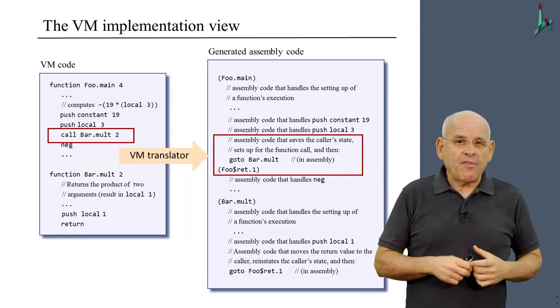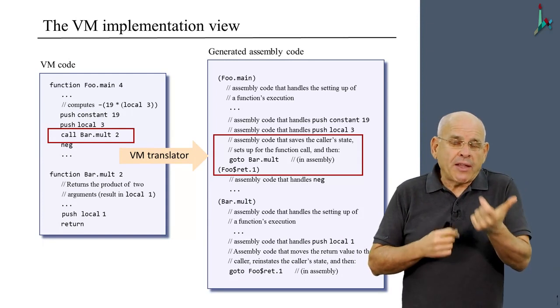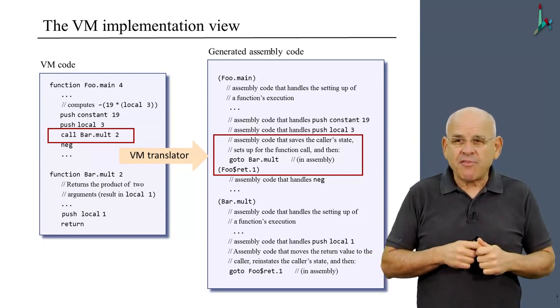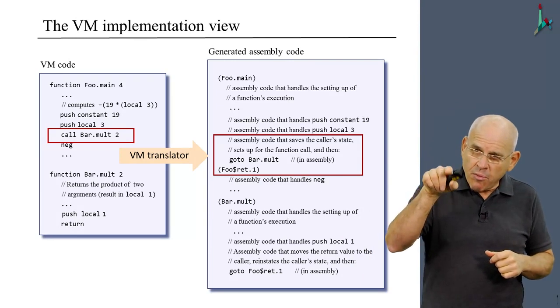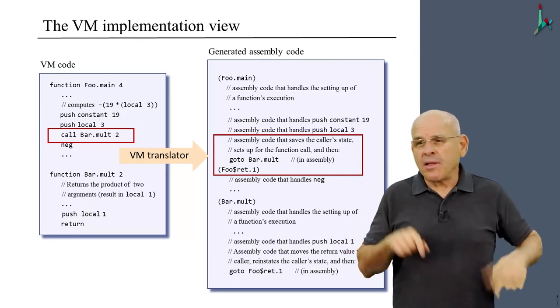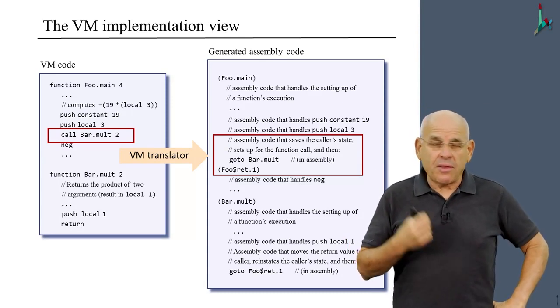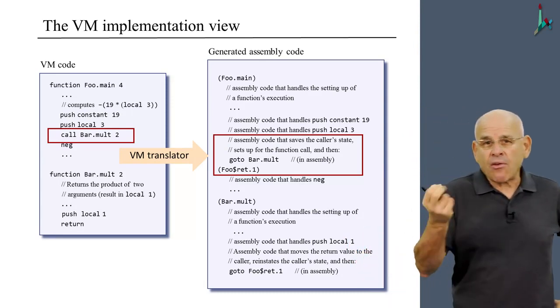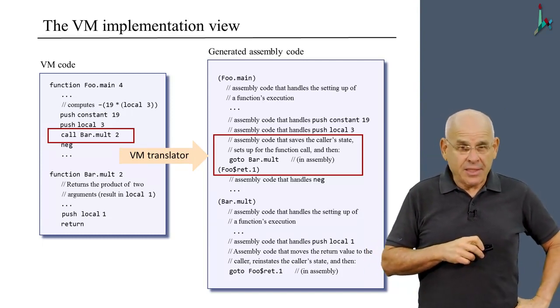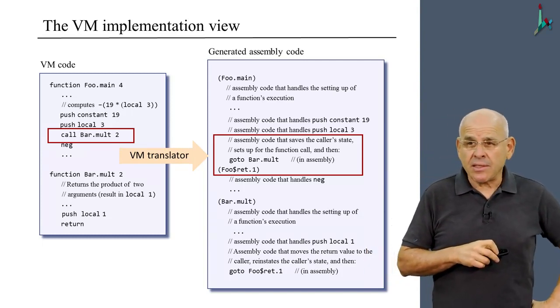So presumably, the VM translator at some point will generate a label which is the name of this function. And indeed, if you take a few more lines down the target code, you will see the label Bar.mult. So this is how we represent the entry point to a function in the translated assembly code.